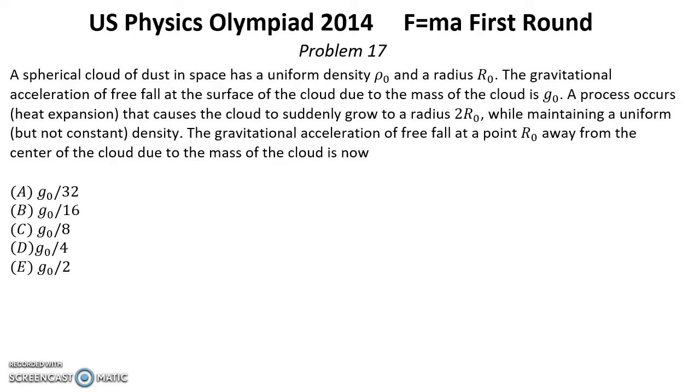A process occurs, heat expansion, that causes the cloud to suddenly grow to a radius 2r0, while maintaining a uniform but not constant density. The gravitational acceleration of free fall at a point r0 away from the center of the cloud due to the mass of the cloud is now the following.